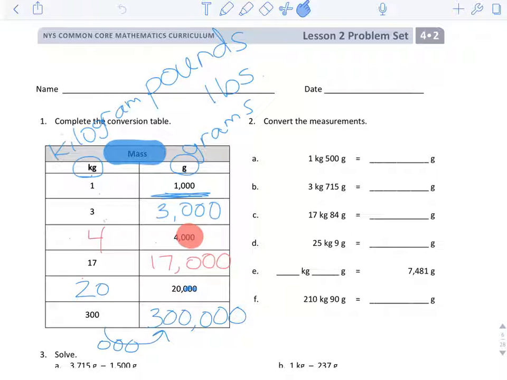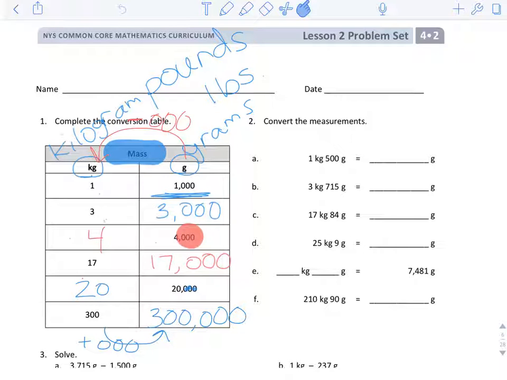All right? Take a moment to make sure your data table looks like mine. Note, if you're going from kilograms to grams, you're adding 3 zeros, so I'll put a plus. But if you're going from grams to kilograms, you're taking away 3 zeros. Okay, so it depends on which way you're going.